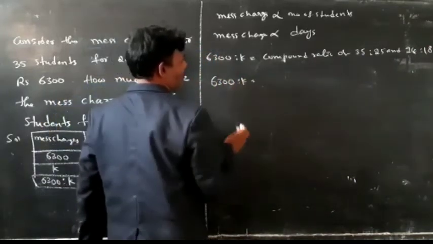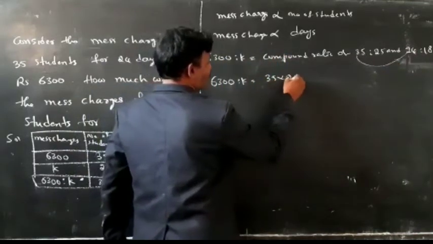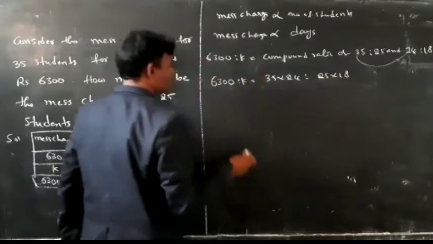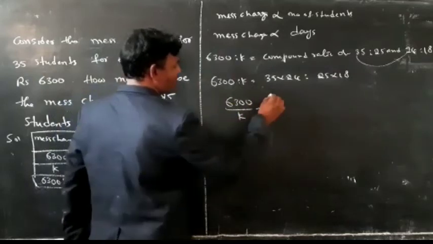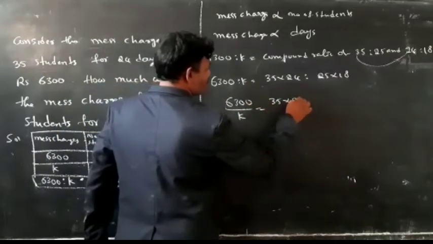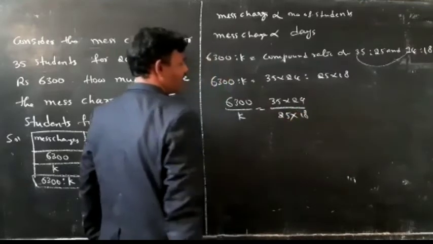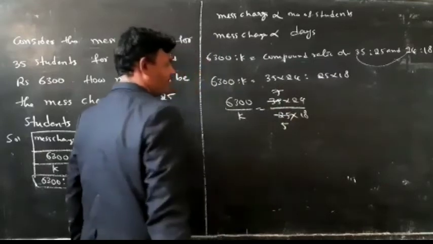It means 6,300:k is equal to 35 into 24 is to 25 into 18. It means 6,300 by k is equal to 35 into 24 by 25 into 18. Any cancellation? See here, 5 7s are 35, 5 5s are 25.